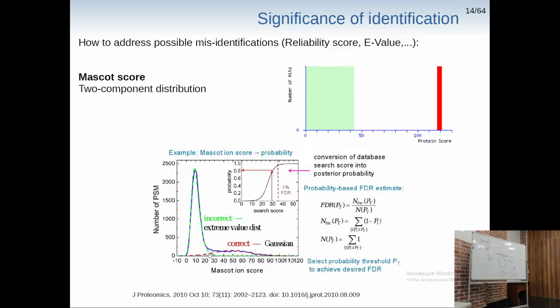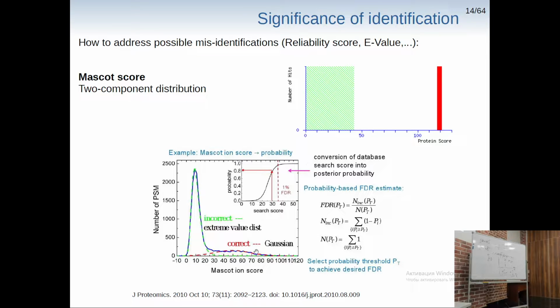And those low similarity scores are mostly errors, and they have this Gaussian distribution, which is no surprise. But correct identifications will also have a Gaussian distribution, although it will be moved to more similar scores, and there will be a lower number of true hits than false ones, right?